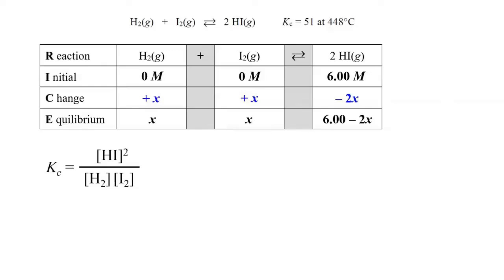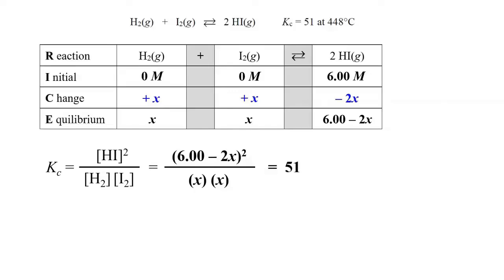So there's our equilibrium constant expression, which is concentration of hydrogen iodide squared divided by the product of the concentration of hydrogen times the concentration of iodine. So it's going to be 6 minus 2X, quantity squared on the top, and X times X on the bottom. Just like in question 3, we're going to set this equal to the Kc, which is 51.